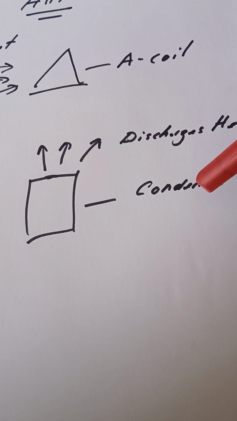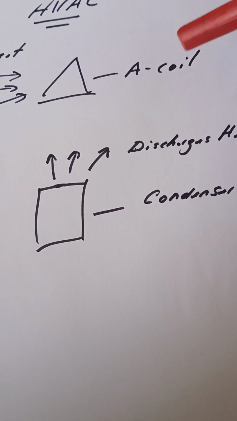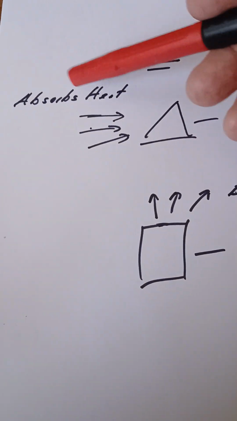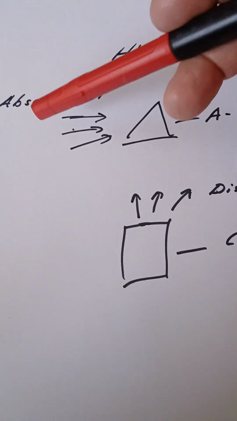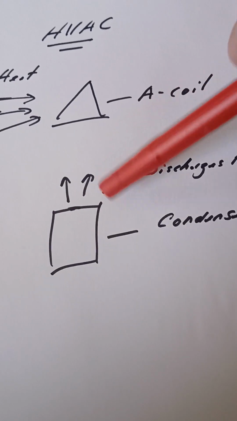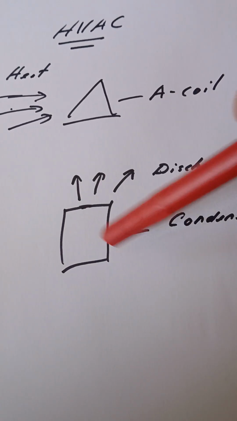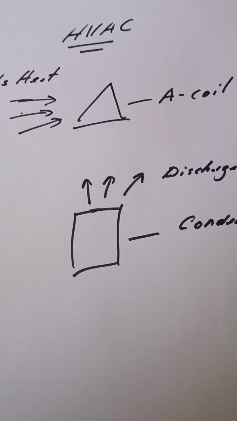The condenser outside very often discharges the heat. So the principle of HVAC: the A-Coil absorbs the heat, the condenser discharges the heat. This goes to the outside, up in the air, wherever. You've got a fan here that pulls it.